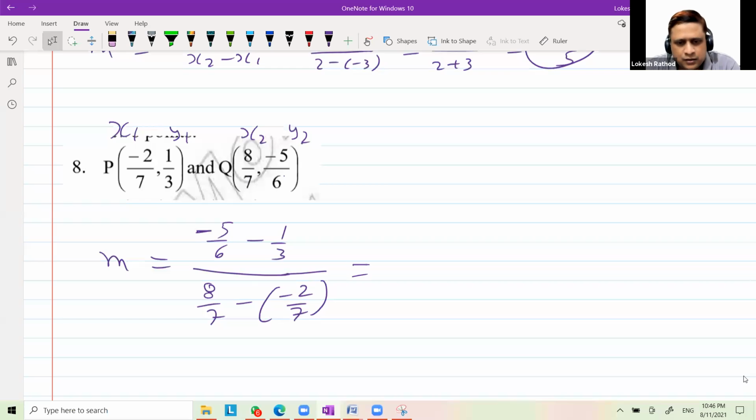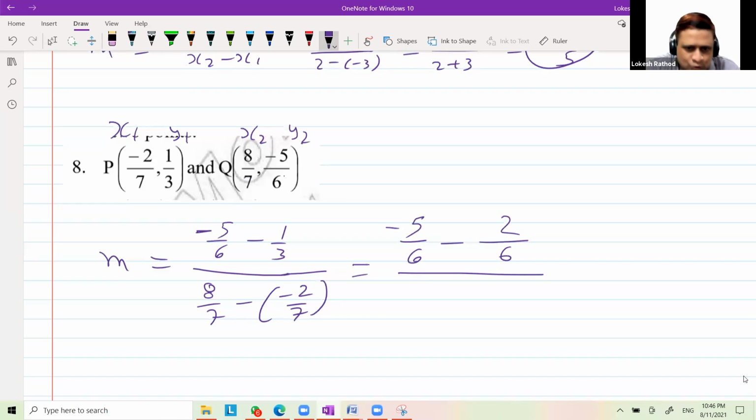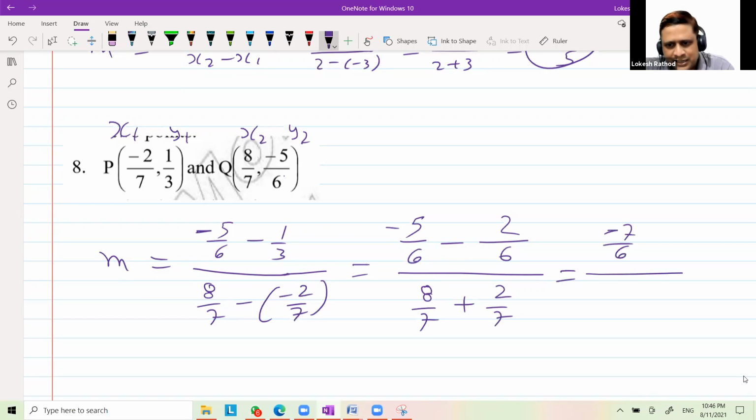Correct? Now, you have to make the denominators equal. I'll multiply this by say 2. So this becomes 6 and 2. And here it's already equal. So it's 8 over 7 plus, negative positive, 2 over 7, right? So there is -5 minus 2, -7 over 6, and in the denominator I am having 8 plus 2, that is 10 over 7, correct?